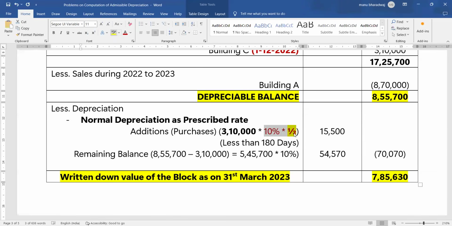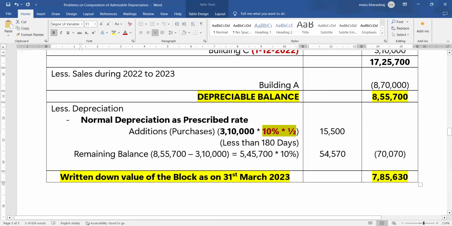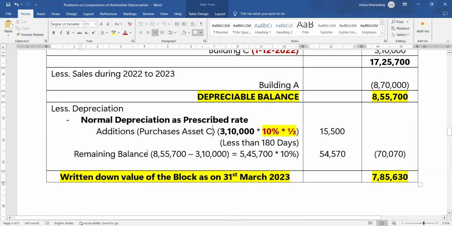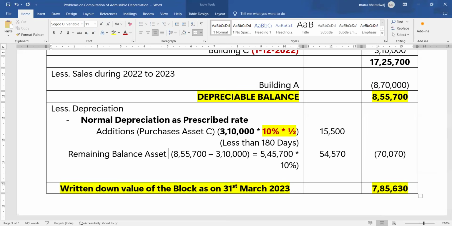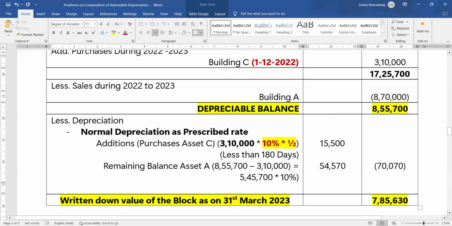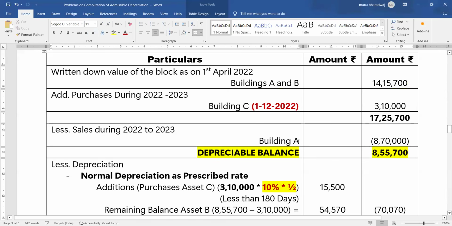Next, the remaining balance. Purchases is asset C, the addition. So remaining is only asset B, because building A is sold here.